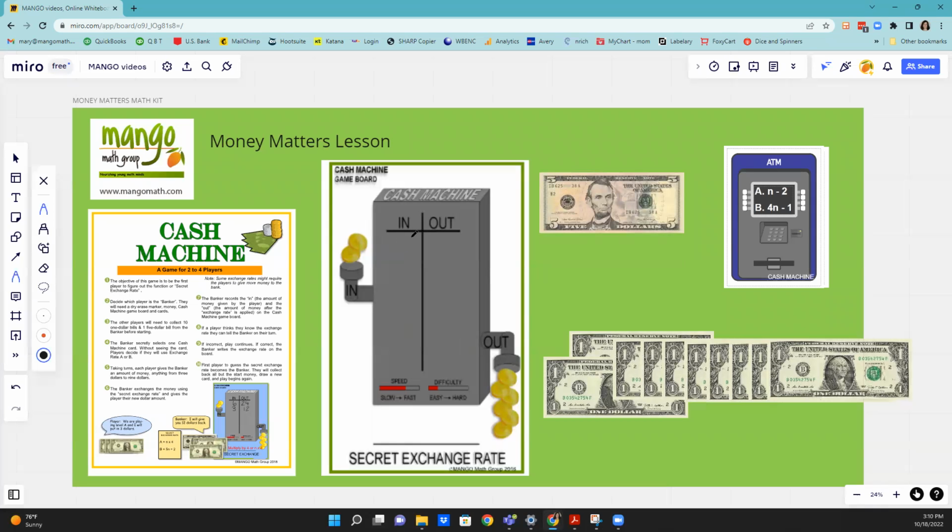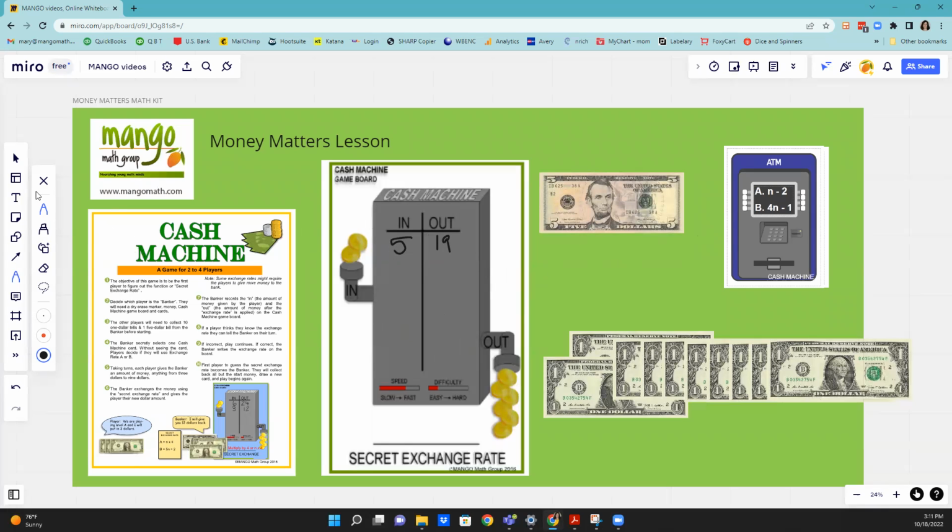The banker is going to give back 4 times 5, which is 20, minus 1. So they are going to give back $19, and that player gets $19 from the banker.